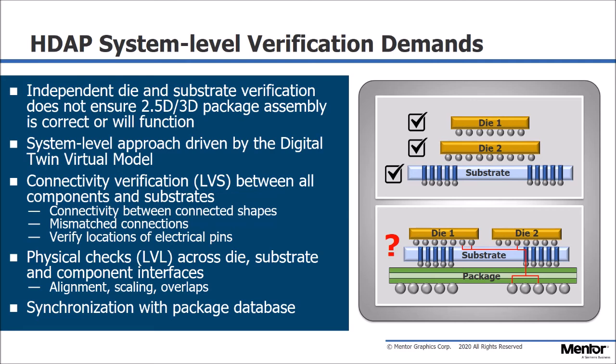Then there is something Mentor calls LVL, or layout versus layout. Here the actual as fabricated data is assembled using the virtual model as the blueprint. LVL allows for alignment checking of die, substrates, and other component interfaces which may have been compromised due to fabrication process impacts such as scaling.